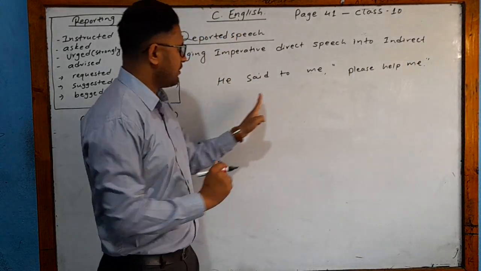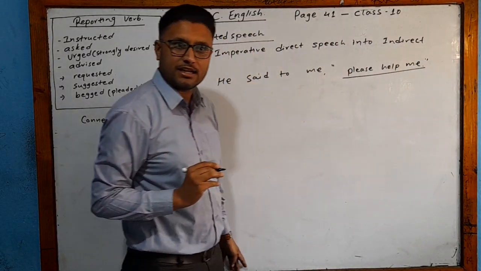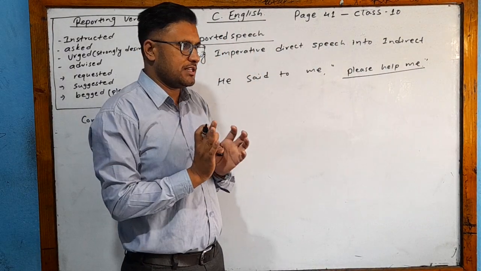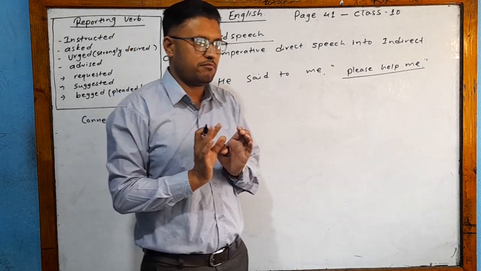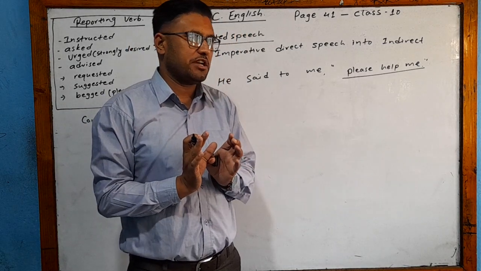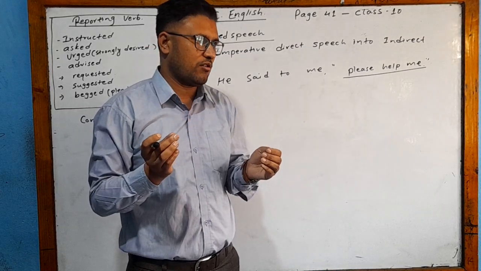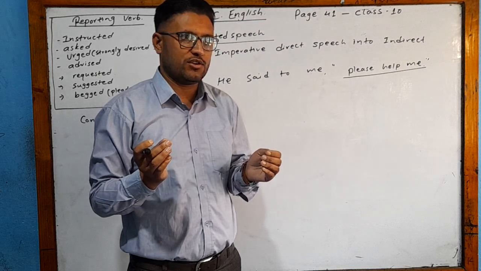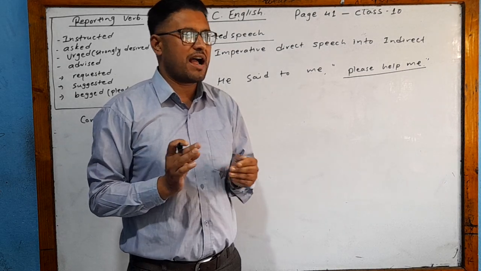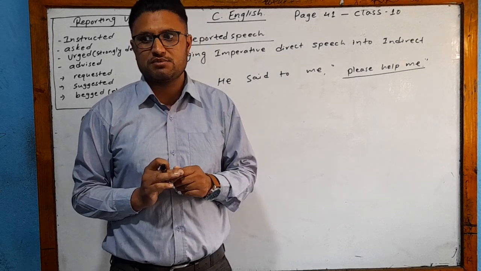Okay. So this "please help me" is an imperative sentence. So let me quickly tell you what an imperative sentence is. The sentence that makes requests, that makes suggestions, that provides advice, or sometimes even command, order. These types of sentences are imperative sentences.